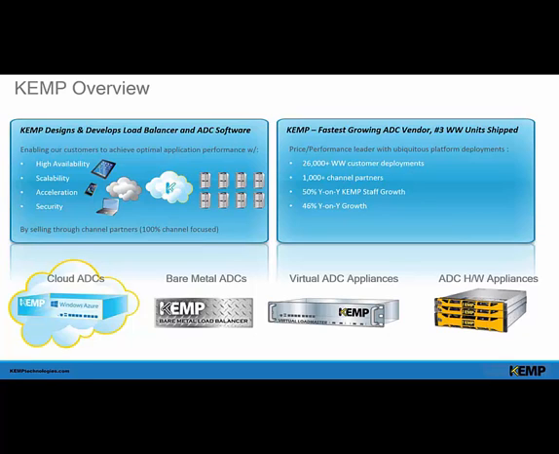Kemp supports almost all major hypervisors that you can run our virtual appliances on, and we support them in production. So you could deploy the virtual appliances in your production workload and gain support from us as well.